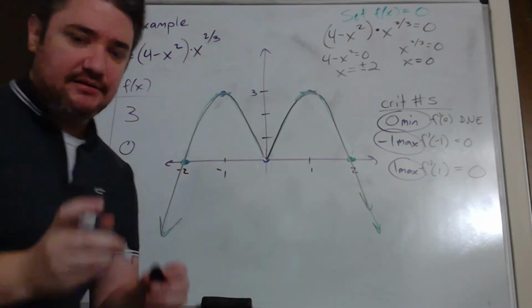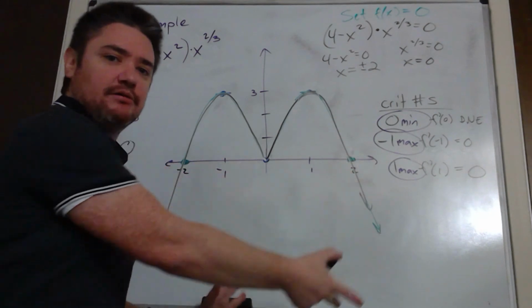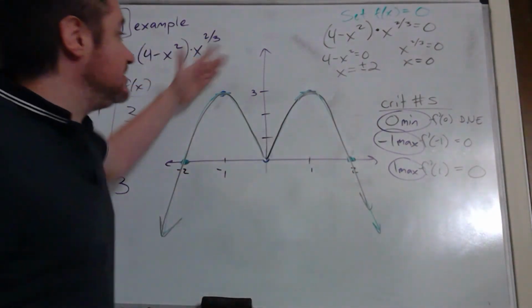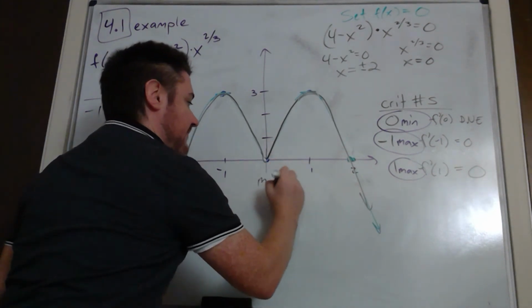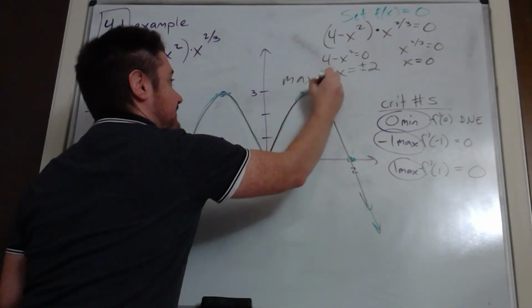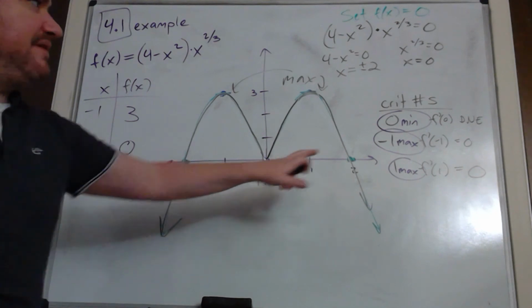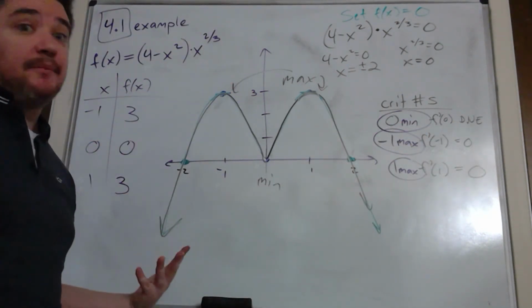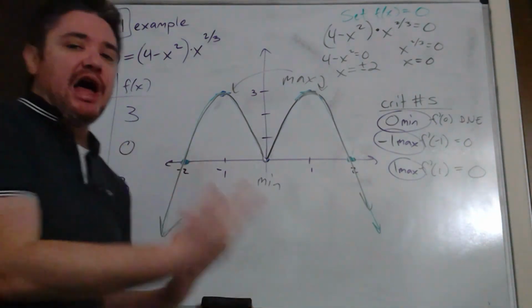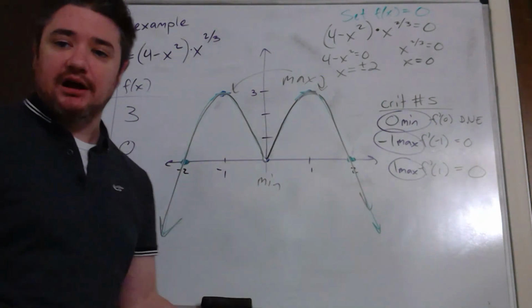And if I miss my green line a little bit, it looks okay. Okay, so kind of like a little McDonald's arches here, right? So nice, smooth, sharp. However, we've got a min and we've got a max, or two maxes. So it doesn't really matter which type of critical number we have. They've both got the potential to be minimums and maximums, and then we just rely on that first derivative to tell us what's going on.